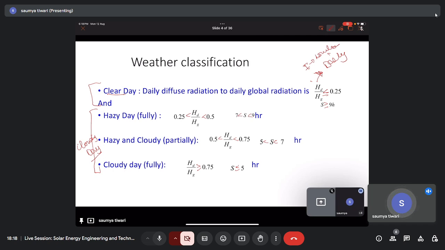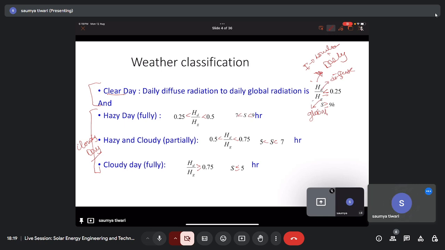The small d represents the diffuse, and g represents the global. I'm just telling you this to help you understand what the notation means. So this is daily diffuse radiation to daily global radiation.